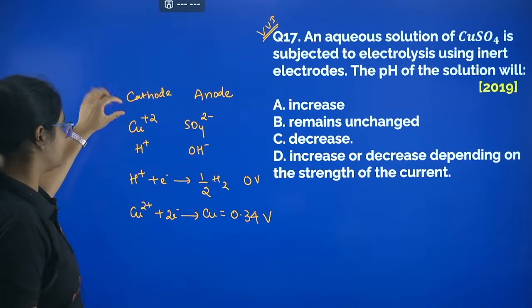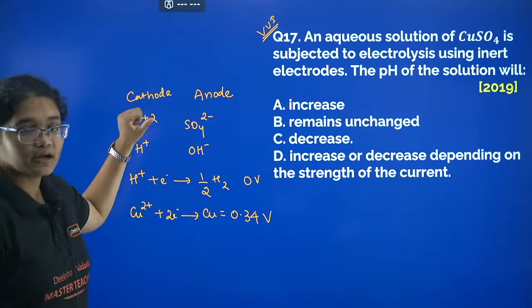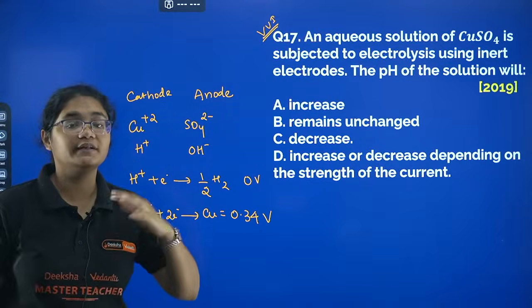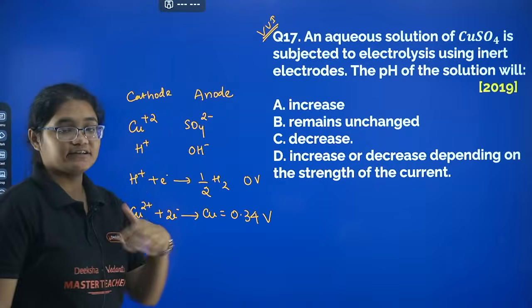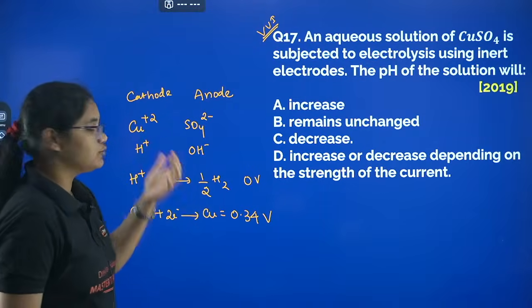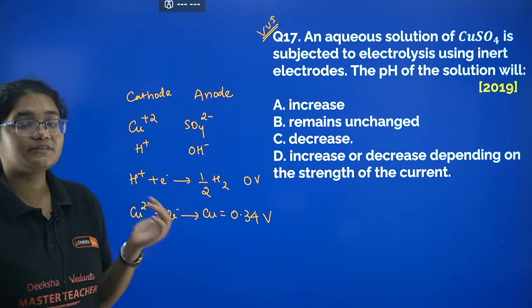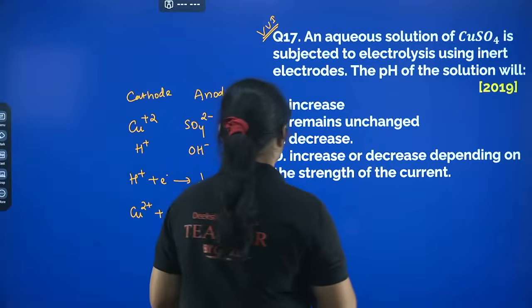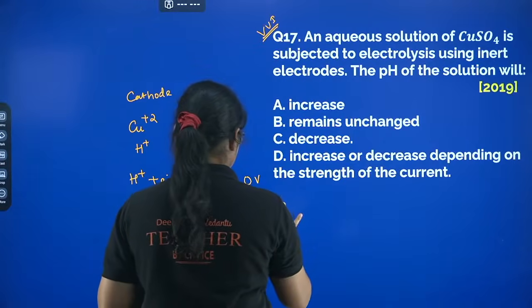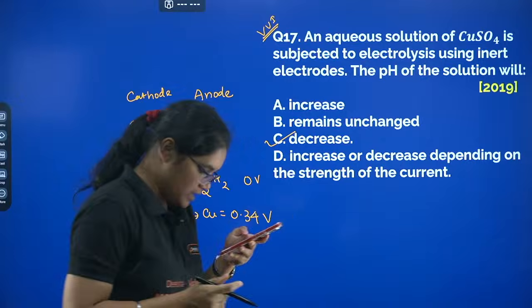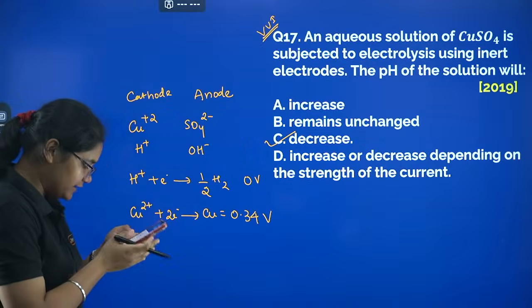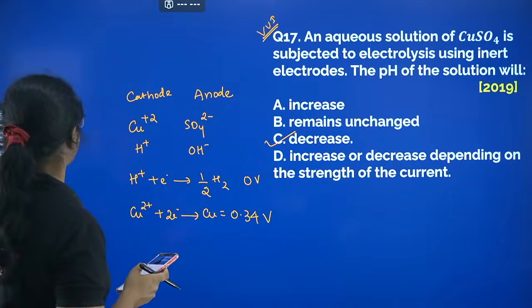So at this cathode, copper will undergo reduction, H plus concentration will increase and copper 2 plus will decrease. So if H plus concentration is increasing, then pH will decrease. That is your option number C. Yes, 17th, those who are saying C, absolutely correct.